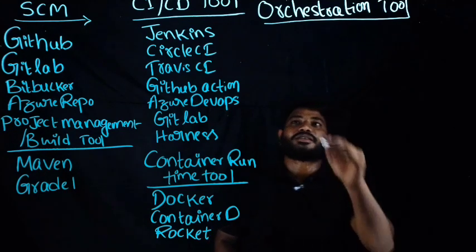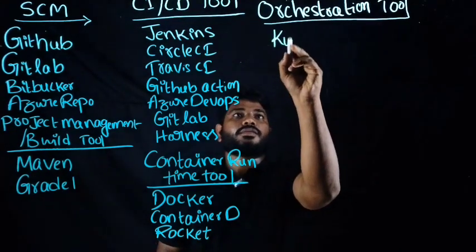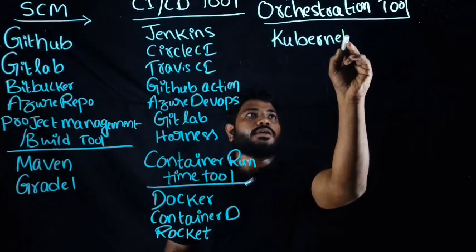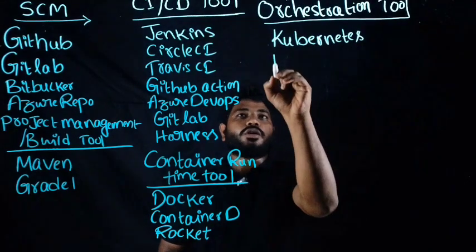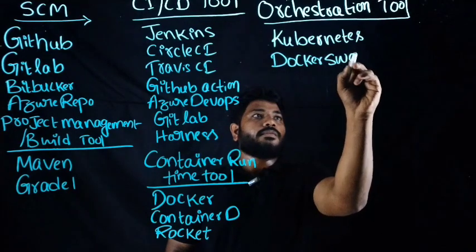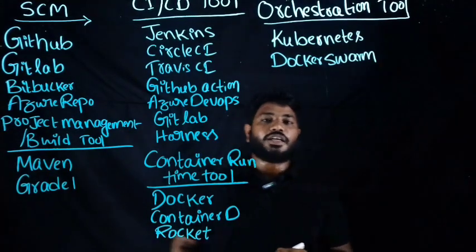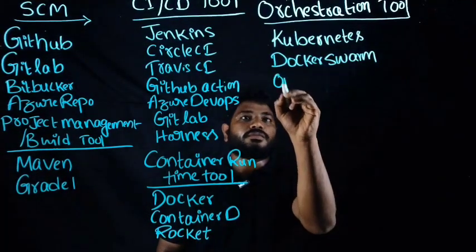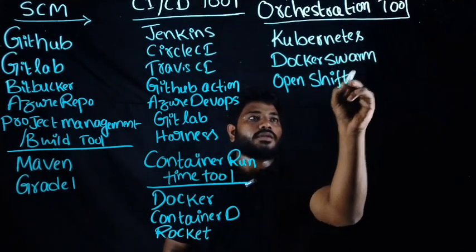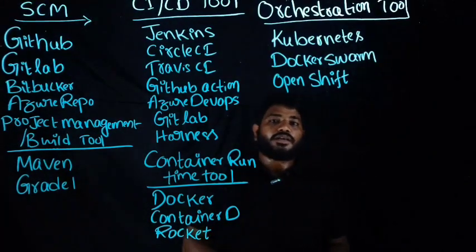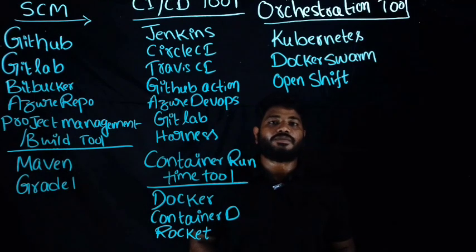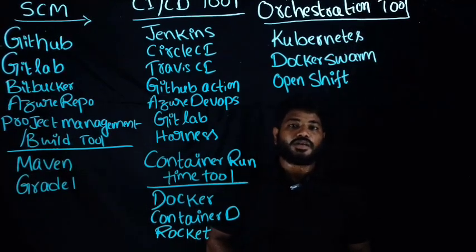The first is Kubernetes. The second one is Docker Swarm. And the third one is OpenShift. As per their requirement, the industry has been using all these container runtime and orchestration tools.